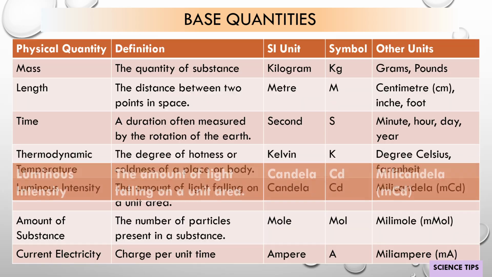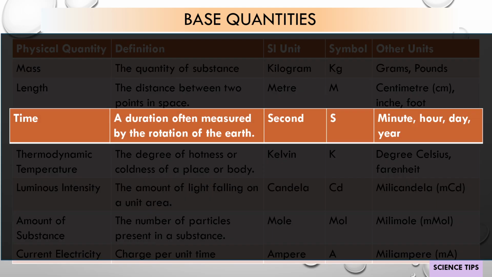If we look at time, time is defined as a duration often measured by the rotation of the earth. It's measured in seconds, and as the earth rotates, that's where we are able to measure time, because scientists have already discovered that it takes 24 hours, or one complete day and night, to make one complete rotation of the earth.